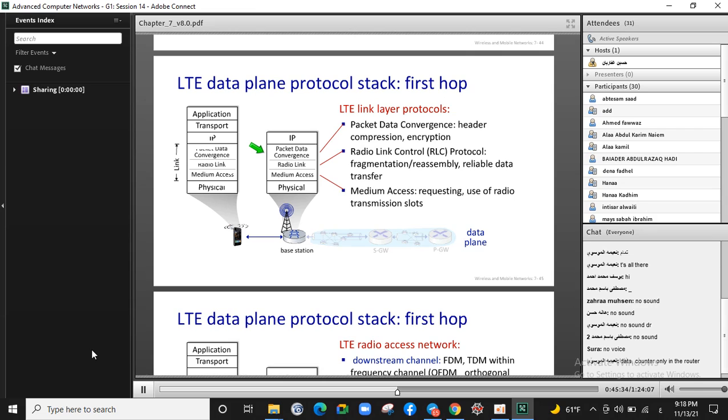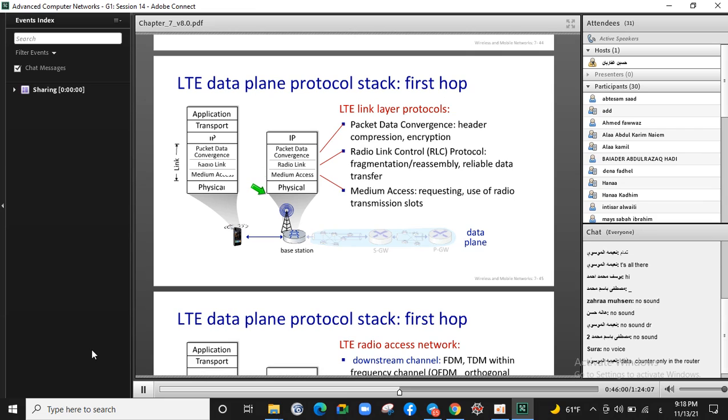In my cell phone, I can see the application, transport, IP. I can see the top three layers of the TCP/IP protocol, and there are some other layers at the bottom of this stack.